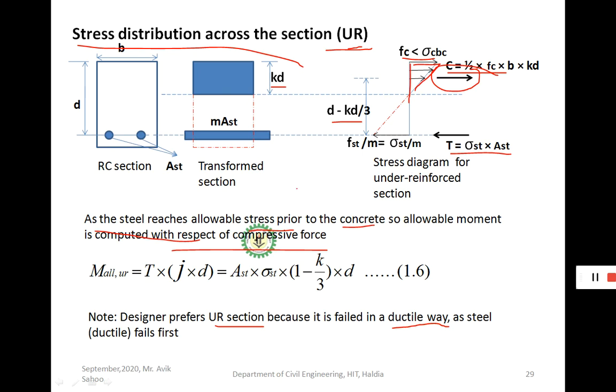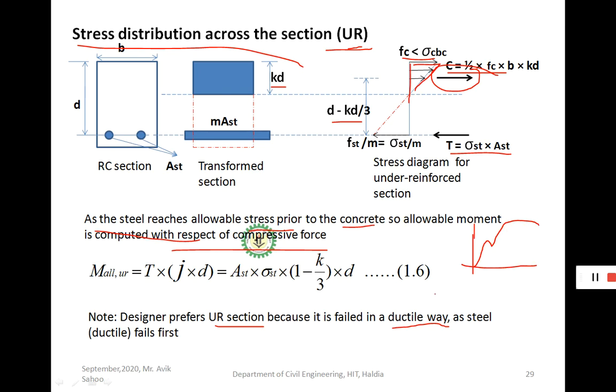So in ductile failure, large deformation takes place before failure. You see that in the stress strain diagram of mild steel, large deformation occurs before failure. So that's why we get an advance warning.